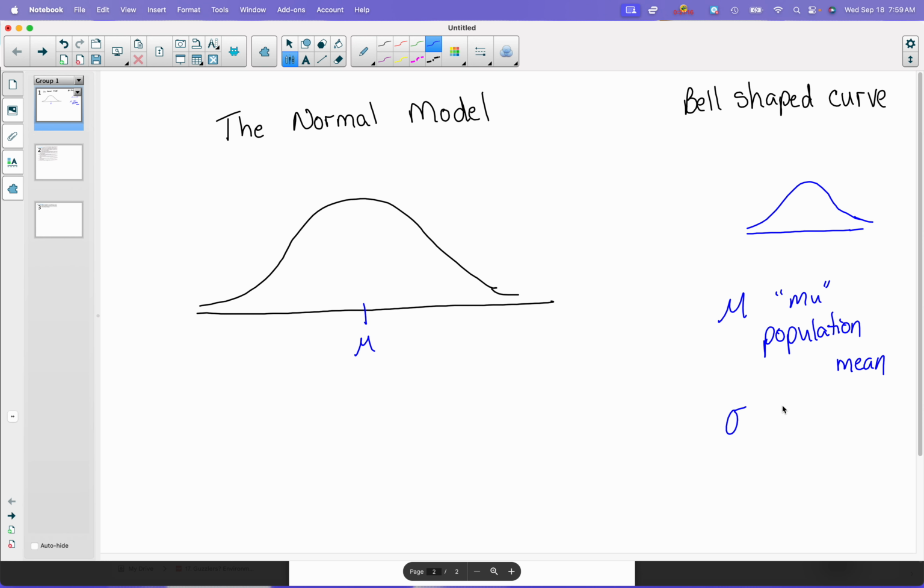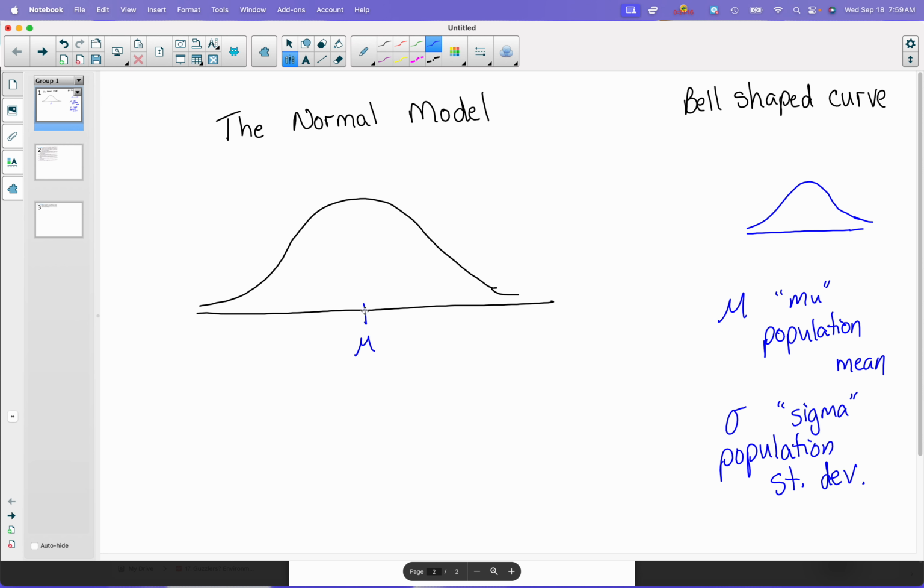And sigma is the population standard deviation. There's a characteristic on the normal model, and that is that if you go out 3 standard deviations either direction, you pretty much cover the whole normal model.